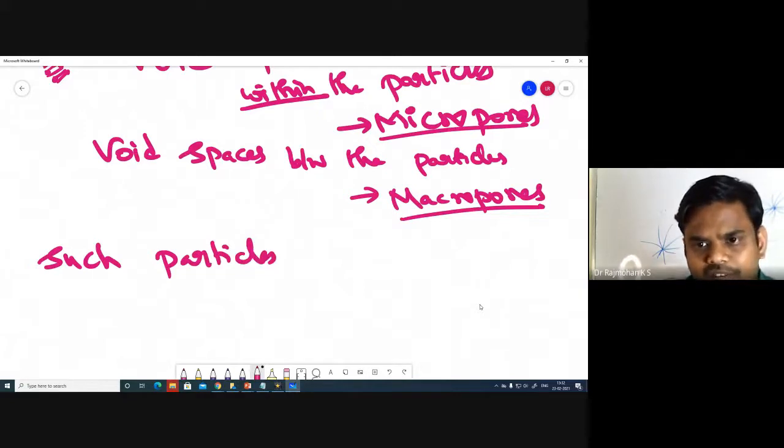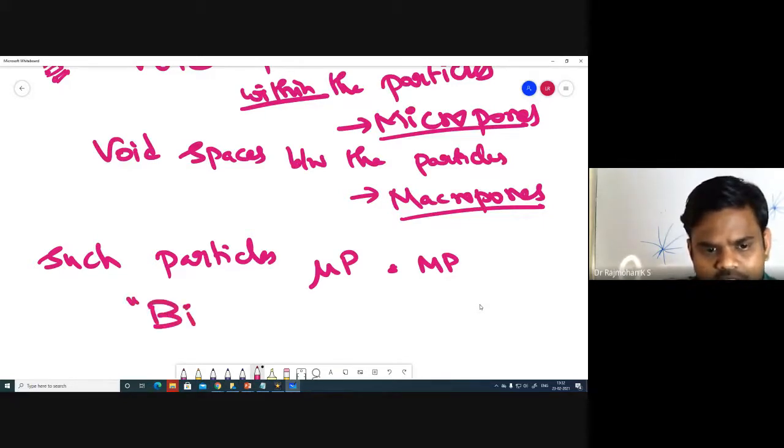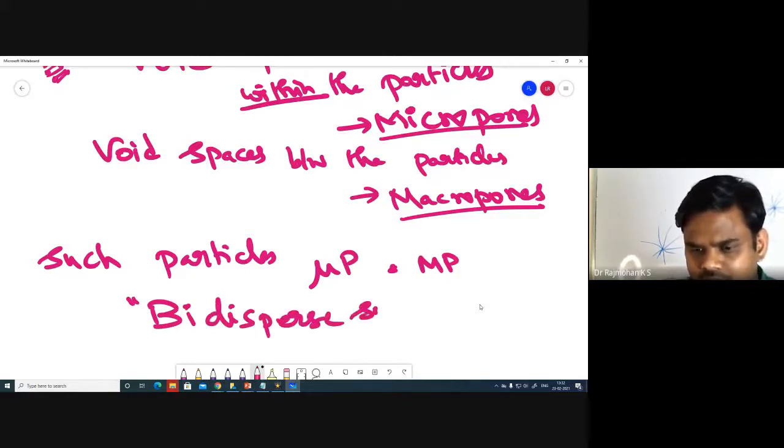Such particles having macropores and micropores, the particles which have both micropores and macropores, are often referred to as bidisperse systems.